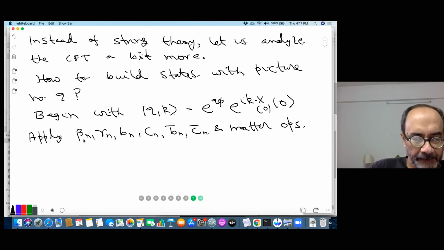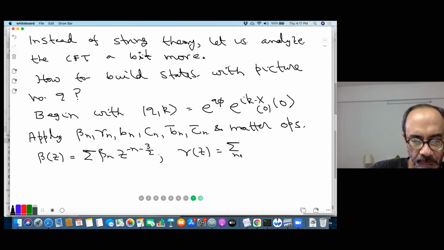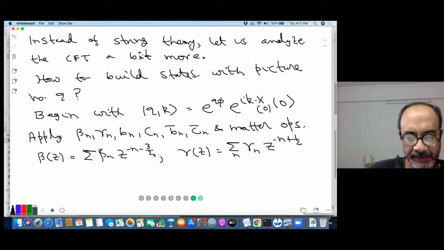Okay. Now let's recall the definitions of beta n and gamma n, and those came from the mode expansion. And this minus 3 half basically reflects the fact that beta z has conformal weight 3 half, and the half reflects that gamma has conformal weight minus half.